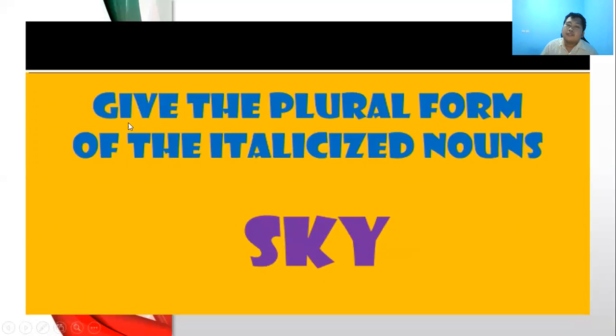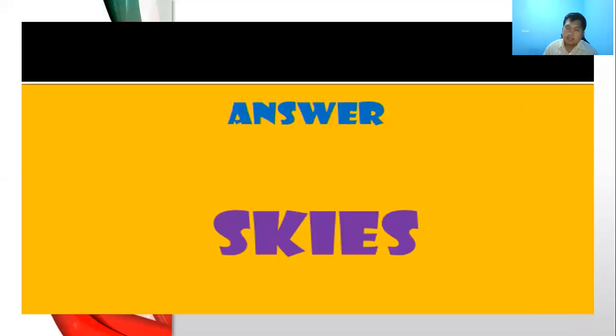Now give the plural form of the word sky. What is the plural form of the word sky? Five, four, three, two, one. The plural form of the word sky is skies. So we change y to i and add es.